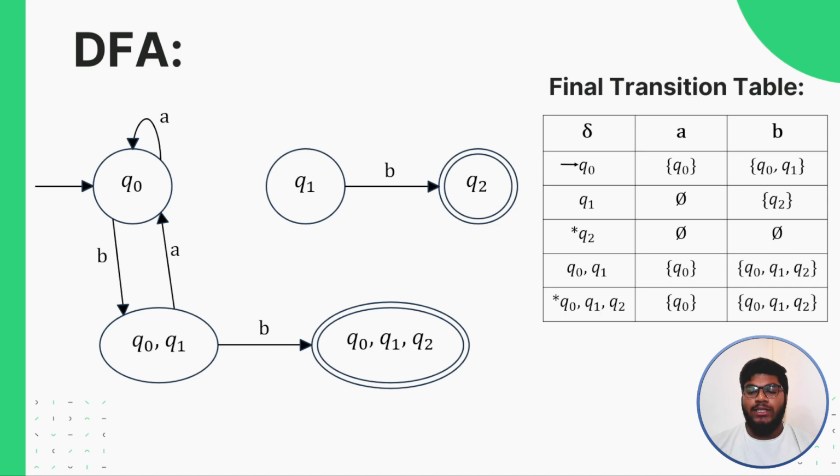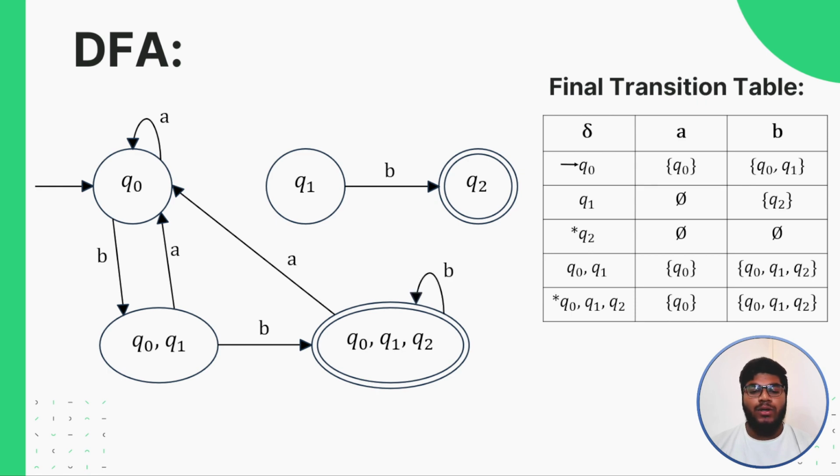Now let us move on to the last state, that is q0 comma q1 comma q2. On accepting a, it moves to the q0 state. And on accepting b, it moves to q0 comma q1 comma q2 itself, so we take the self loop.